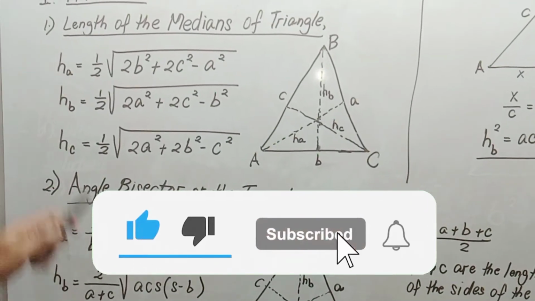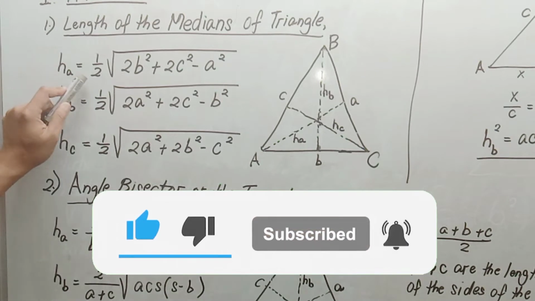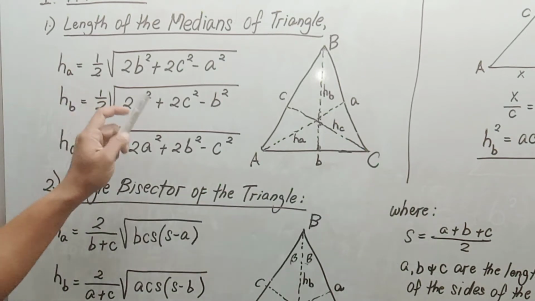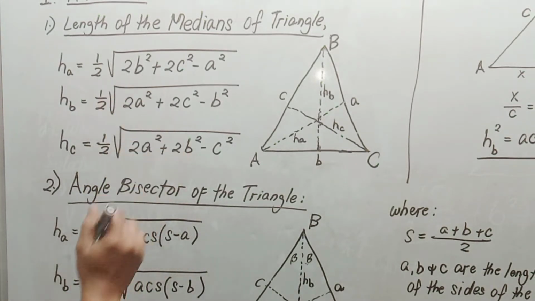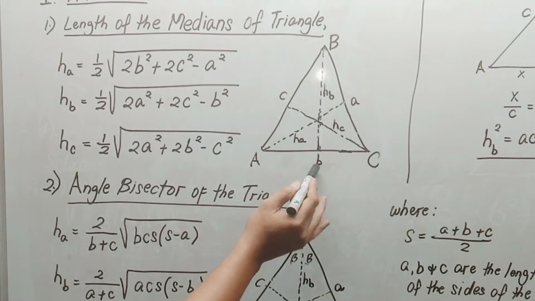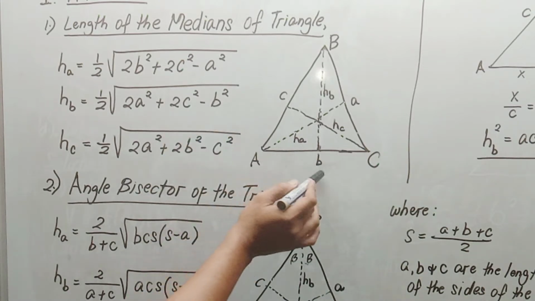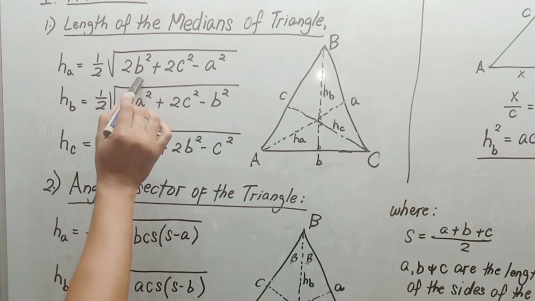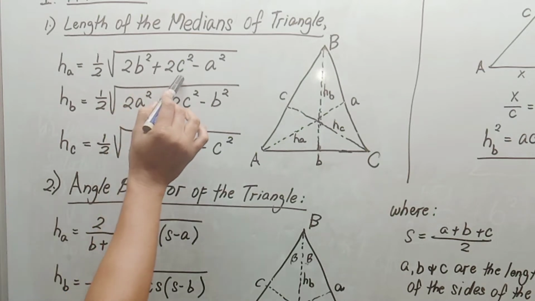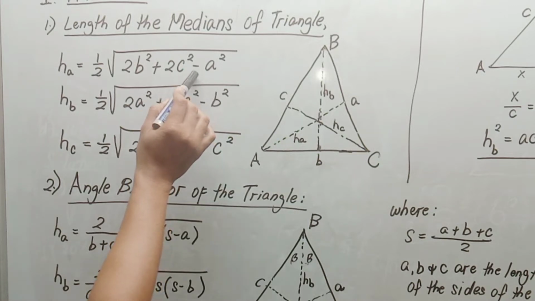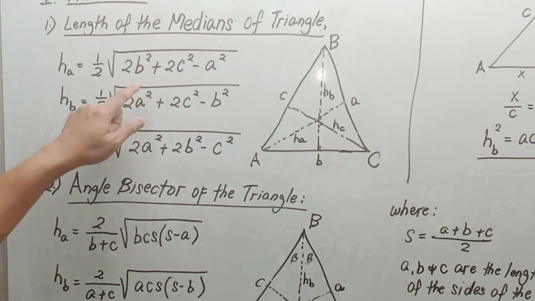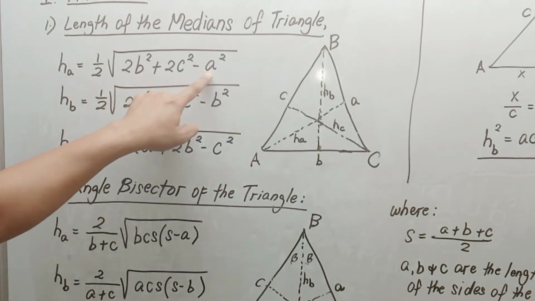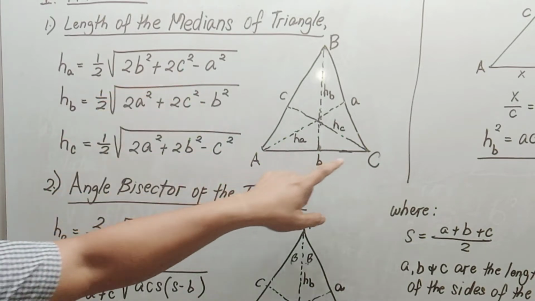As you can see here, h sub a is equal to 1/2 times the square root of 2b squared, this one is b, this is the side, plus 2c squared minus a squared. So this variable, guys, a, b, c are the three sides of a triangle.